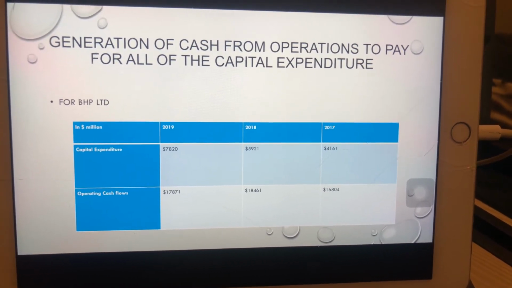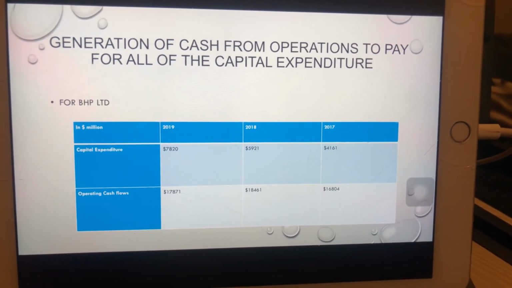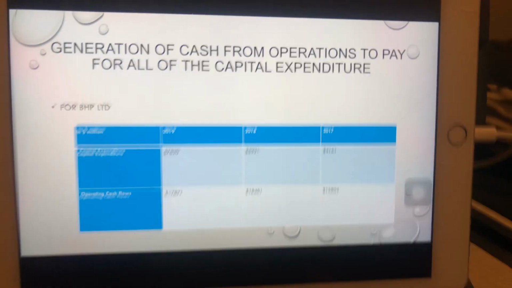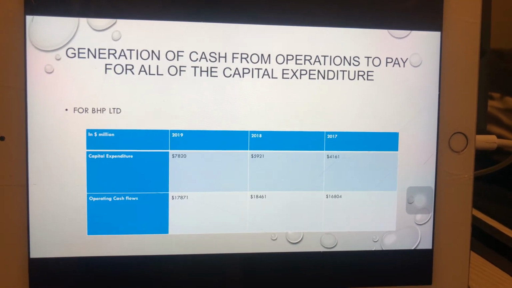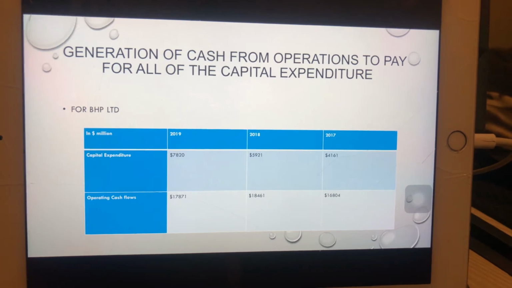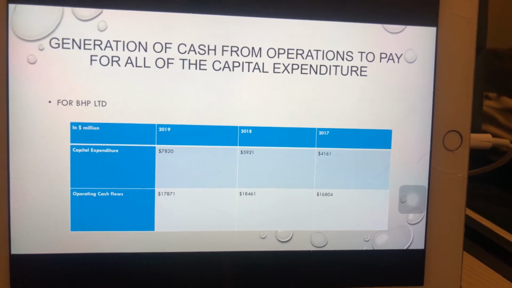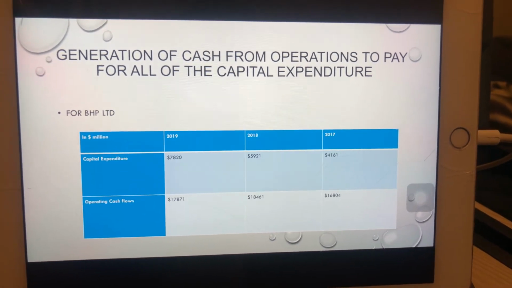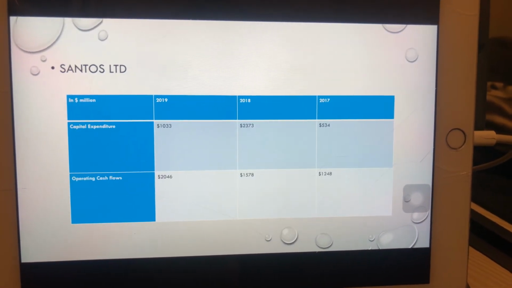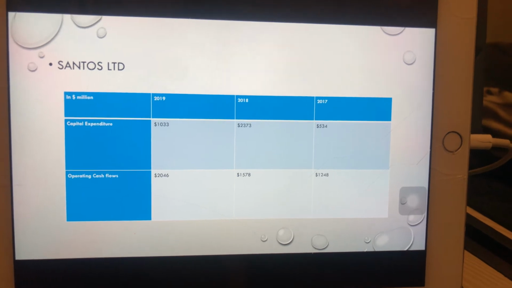As the figure shows, the operating cash flows generated by BHP Limited have been found to be greater than the company's capital expenditures. The next is for Santos.